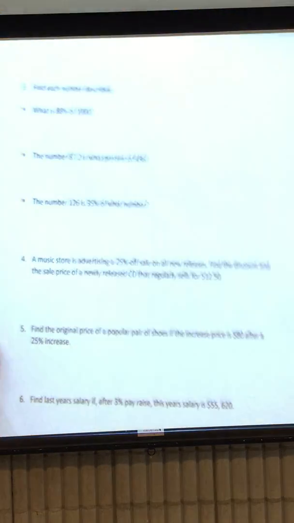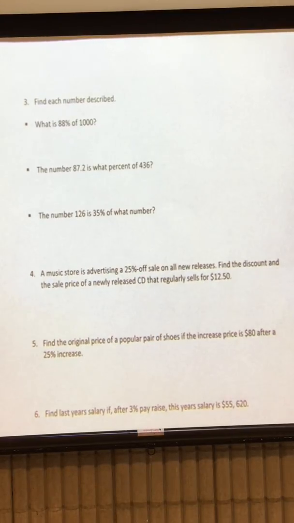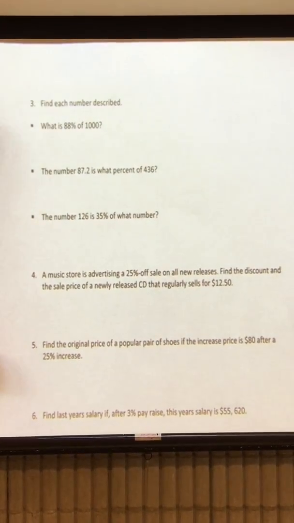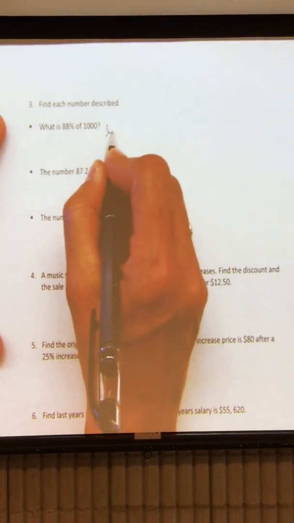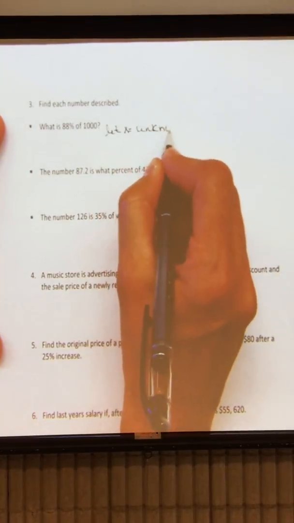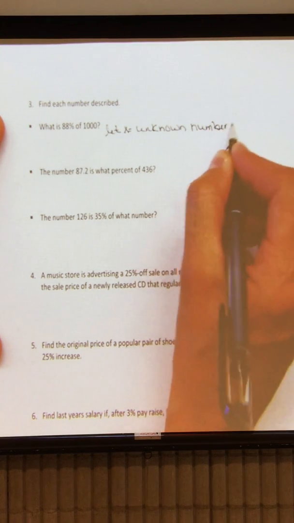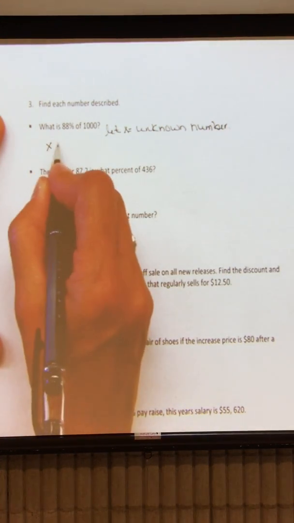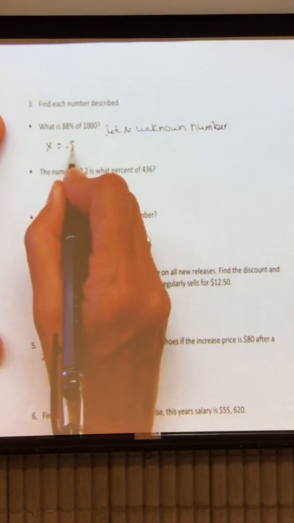Moving on to number 3. Find each number described. What is 88% of 1,000? So let X equal our unknown number. So we have what is 88%, changed into a decimal is 0.88.